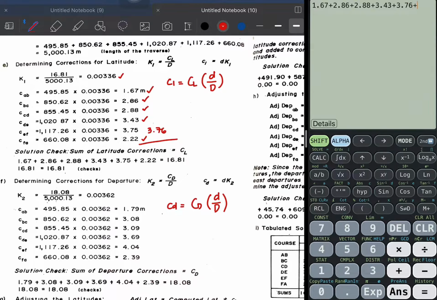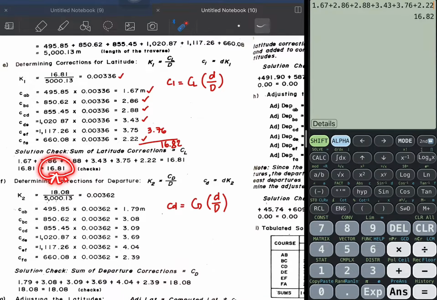plus 3.76 plus 2.22. Okay, so your answer is 16.82, and our correction is only 16.81. So normally in this case we are in excess of 0.01.